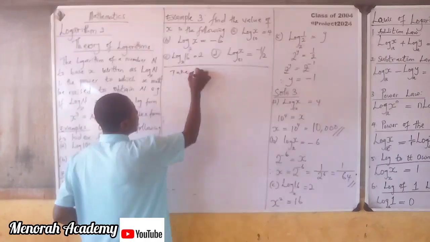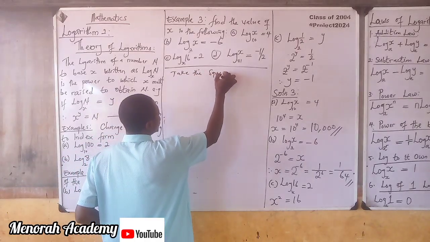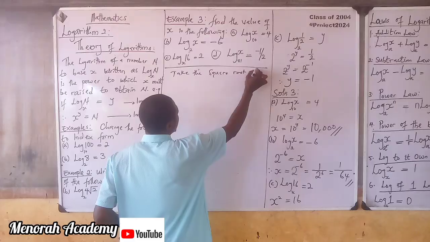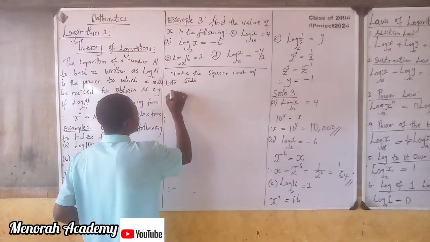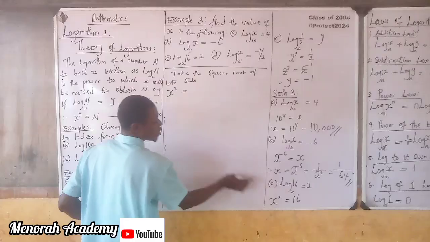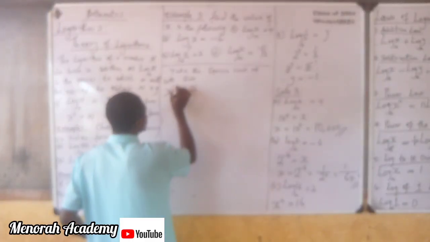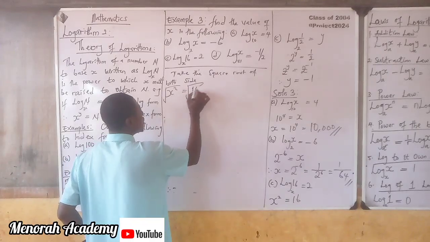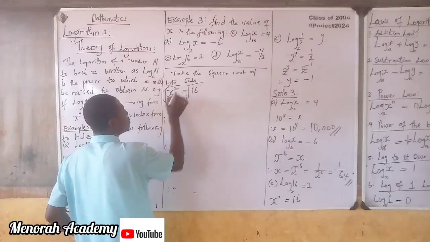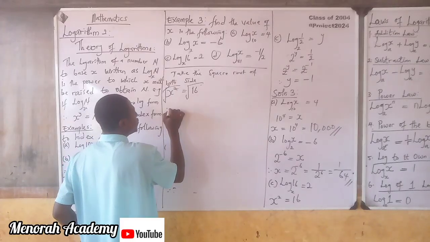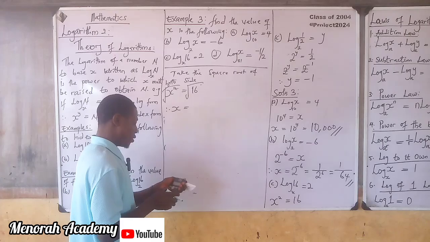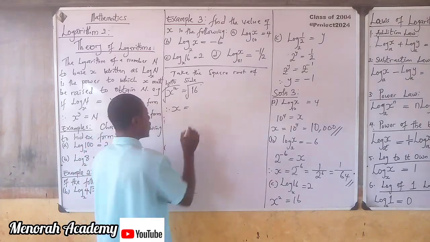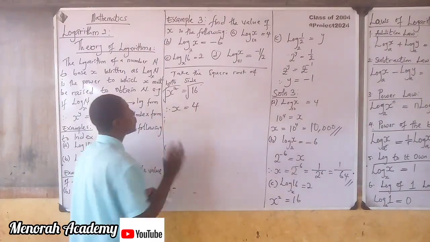Take the square root here, take the square root here, so that this square root will cancel this square. Therefore, you are left with x equals the square root of 16, which is 4. So our x is now 4.